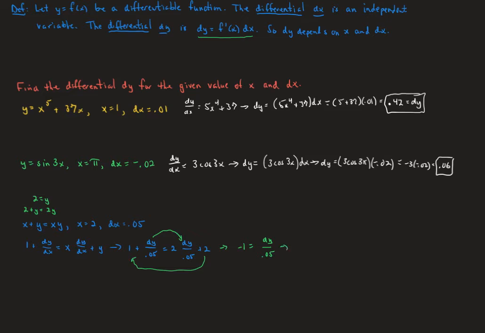And then we can multiply that 0.05 to the other side and get negative 1 times 0.05 is a negative 0.05. So there's the mechanics of it. So let's turn the page here and see some more examples.